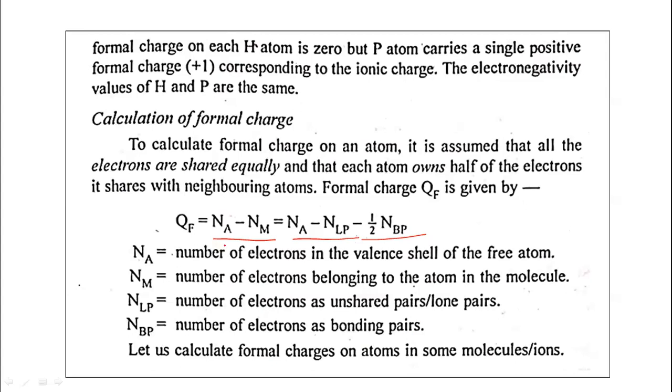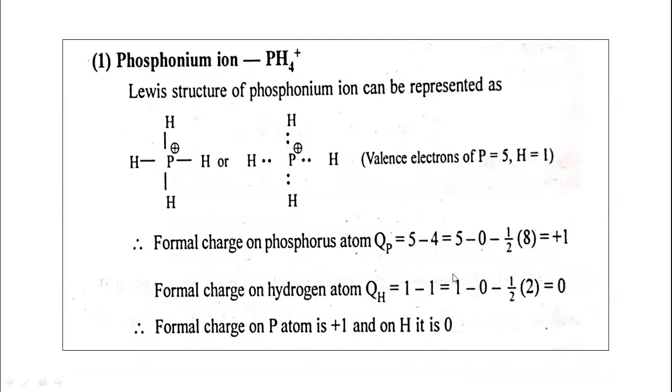With the help of this, we can calculate the formal charge present in the molecule, using the formula Na minus Nm, where Na is the number of electrons in the valence shell of the free atom, and Nm is the number of electrons belonging to the atom in the molecule. So let us take some examples now to calculate the formal charge. This example is known to us: the phosphonium ion can be represented in this way.